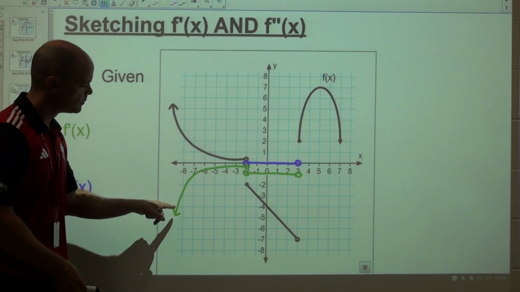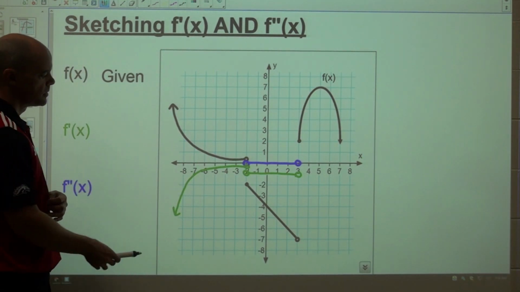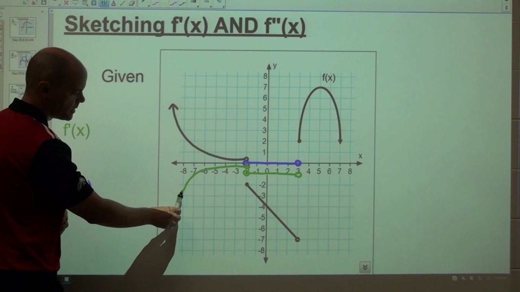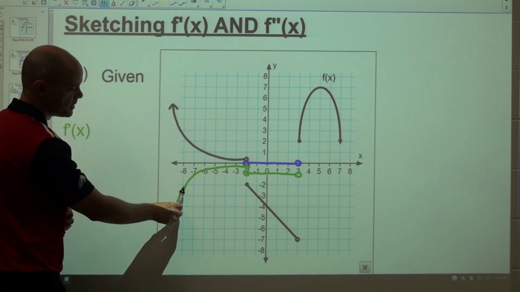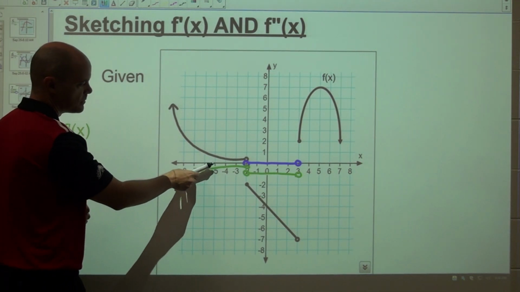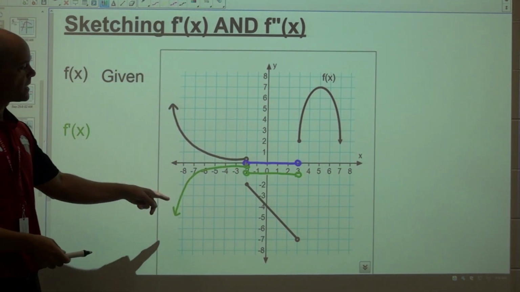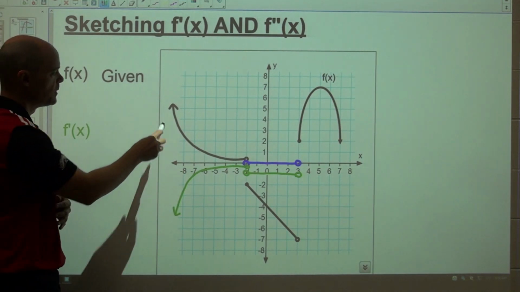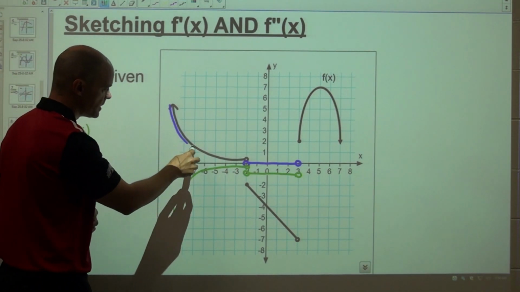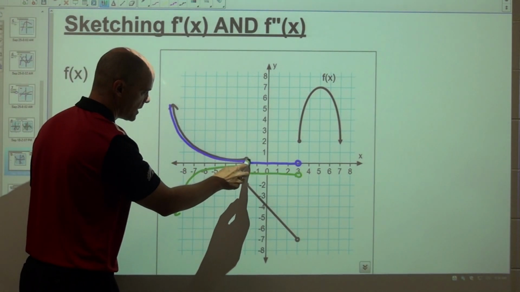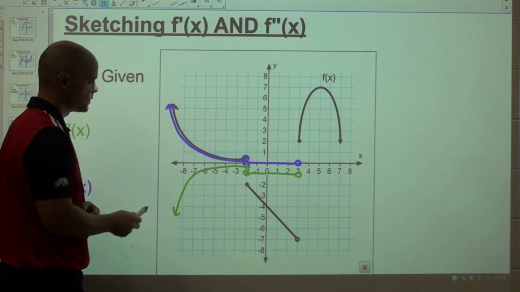What's the derivative of the green curve? Well, if I picked a point right here, now the slope is positive, and it's flattening out to 0. So the second derivative actually looks like the original. Something like that. And there is my original.